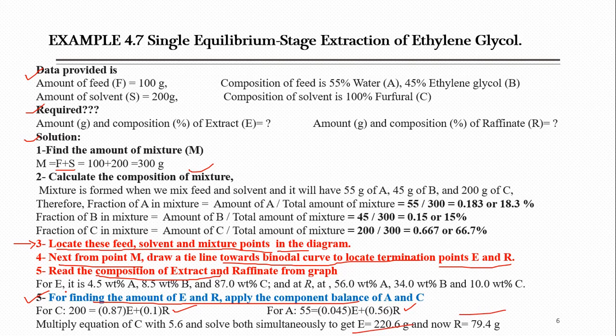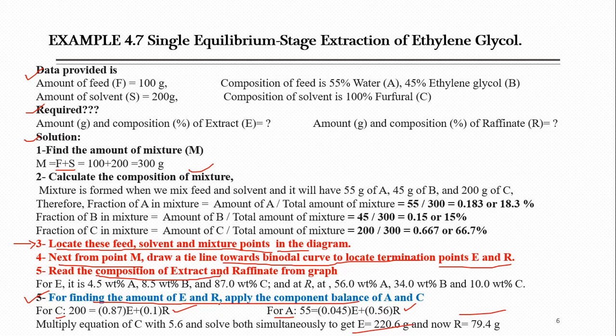Here I told you to calculate extract and raffinate by using component balance, but we can use another method, called the inverse lever rule method, to calculate E and R.